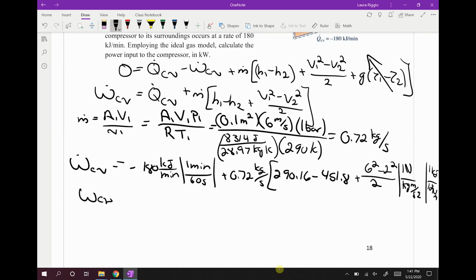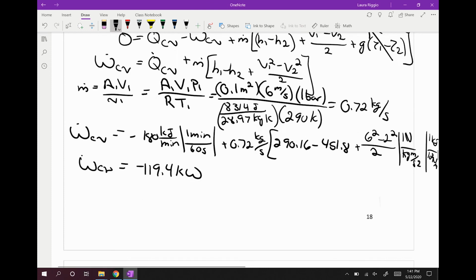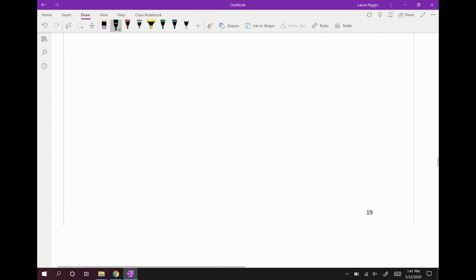Our work is equal to minus 119.4 kilowatts.